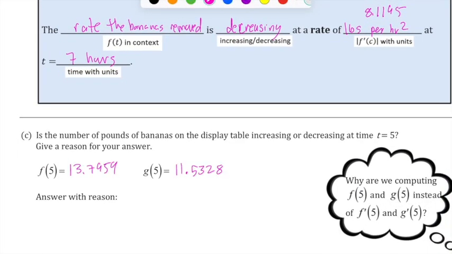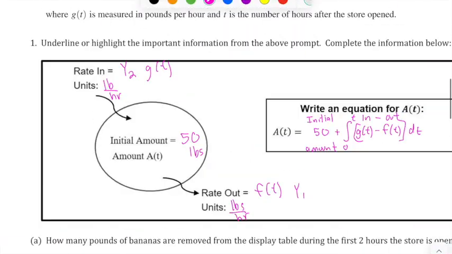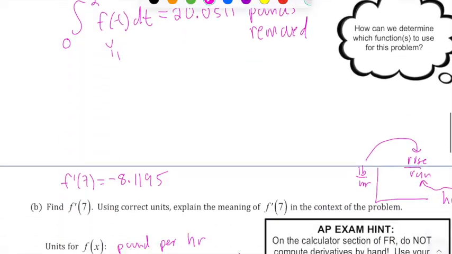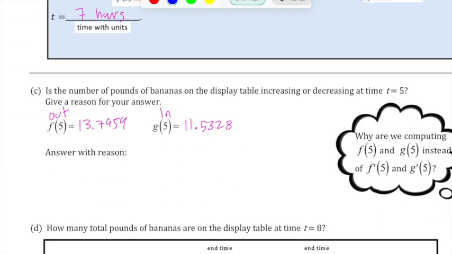So let's write those answers in. Remember what F is. F was what went out, G is what went in. So the amount of bananas going on the table is 11.5 pounds per hour. The rate of bananas going out of the table is 13. So there is more going out, so we are decreasing with the amount of bananas on the table.